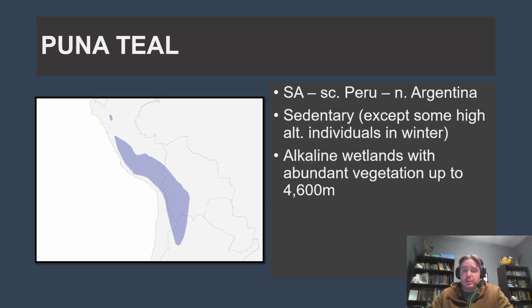It is sedentary except for some of the high altitude individuals. High elevation individuals will move into lower elevations in the winter to avoid the harsh high altitude conditions, and they prefer alkaline wetlands with abundant vegetation all the way up to 4,600 meters, so pretty high elevation.